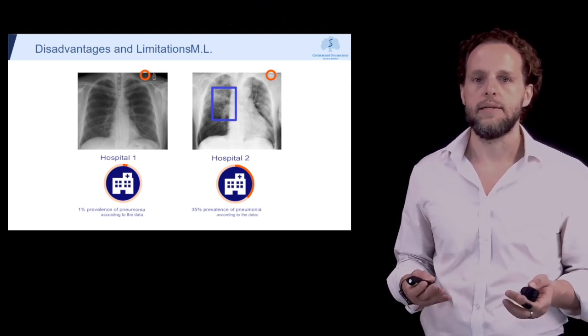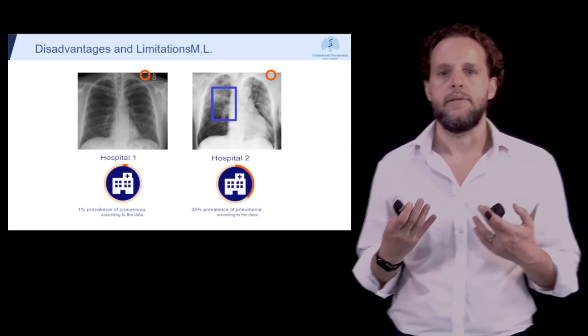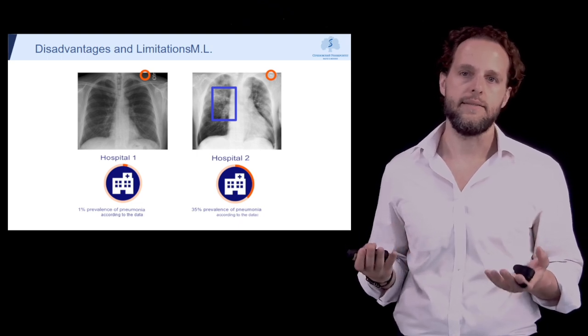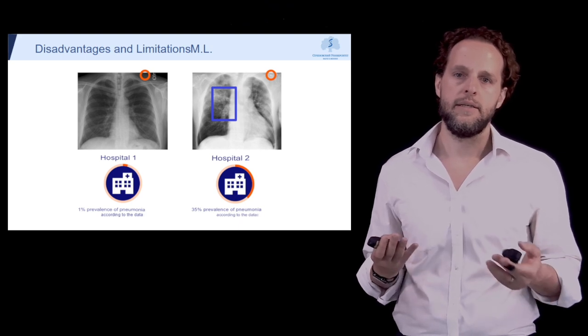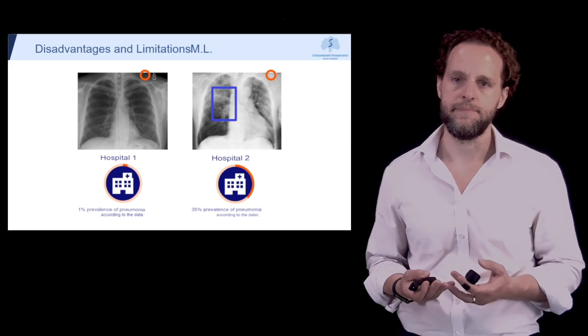If one hospital has a much higher prevalence rate than another, the model can be fooled and predict cases of pneumonia with reasonable accuracy, despite knowing nothing about pneumonia.